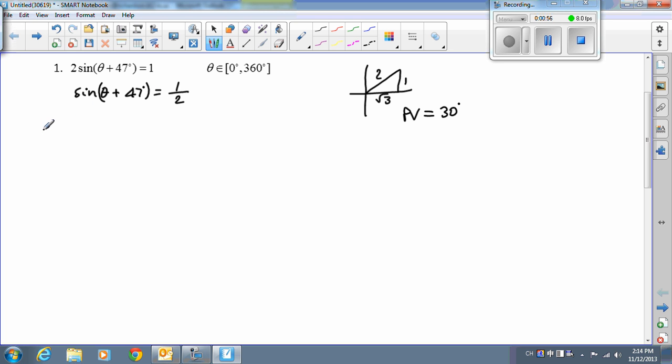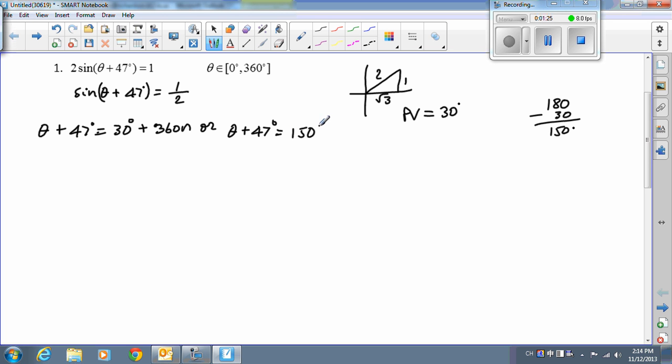So from here, I will say theta plus 47 degrees is equal to 30 degrees plus 360n, or the second portion is pi minus, so theta plus 47 degrees is equal to, pi is actually 180, so 180 minus 30 degrees, which is 150 degrees plus 360n.